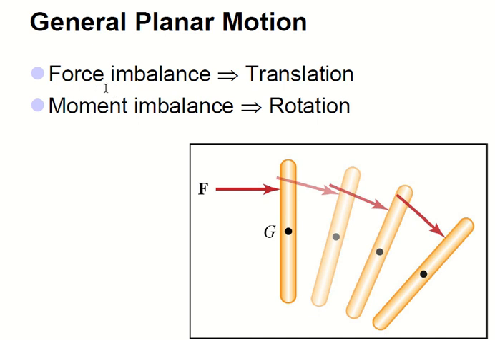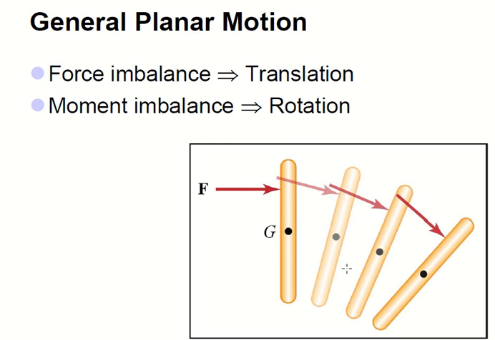So if you have your force imbalance, you are going to get this type of motion, and that's called translation. And if your moment is messed up, and your moment is not in the way we set it up to be stable, but the moment has some imbalance, then you're going to get another type of motion, and we call that rotation.